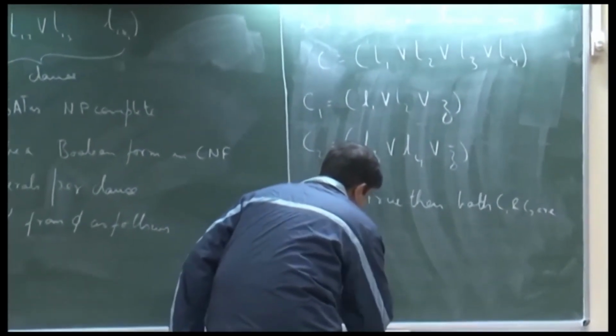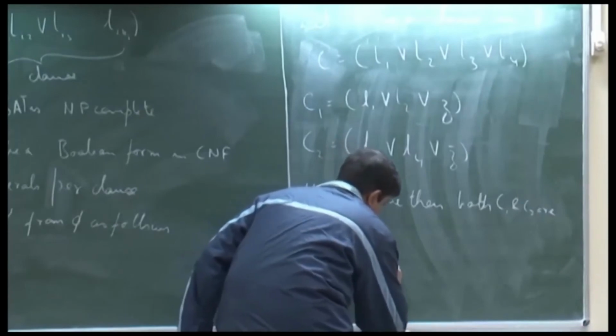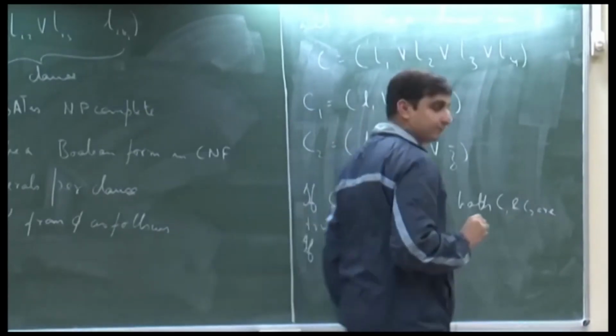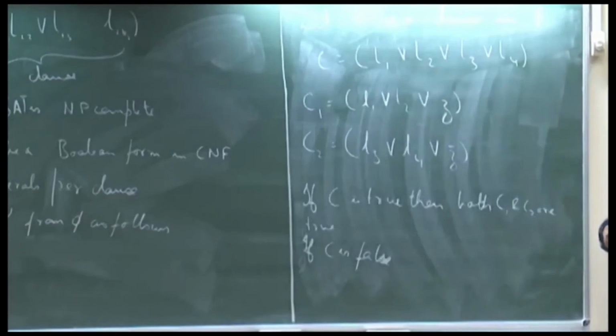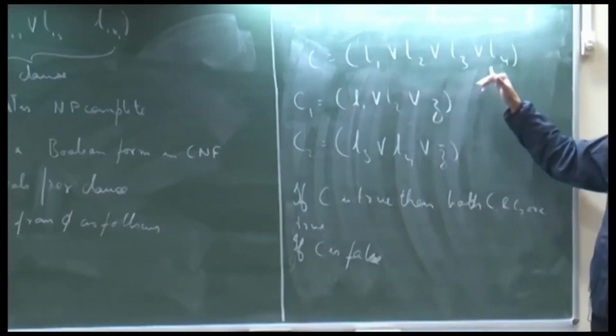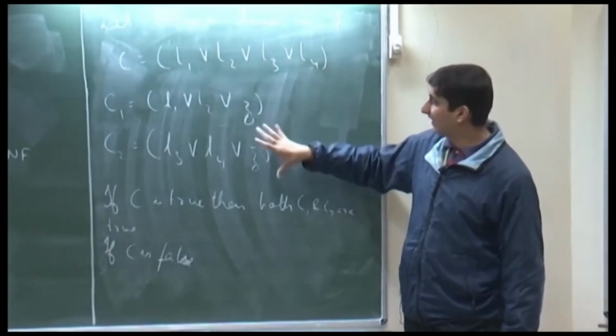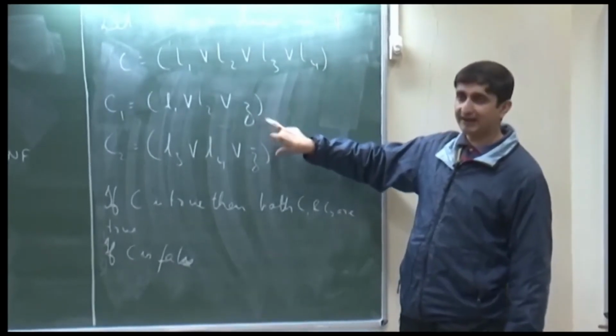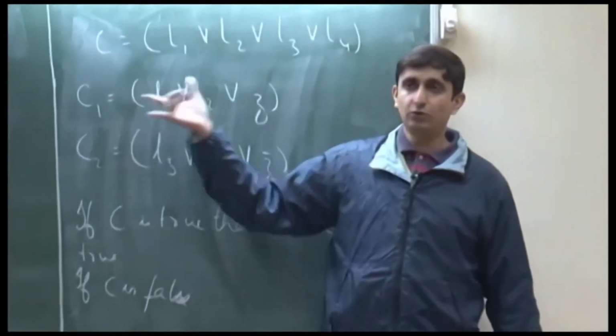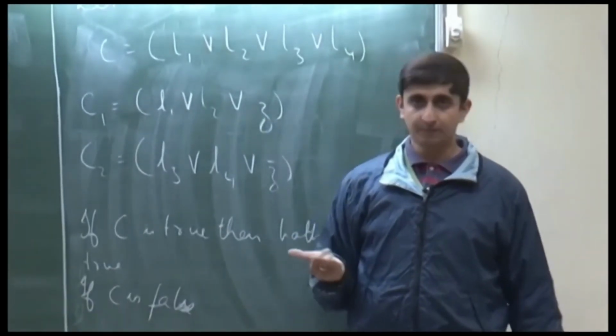If C evaluates to false, what it means is that all these 4 literals evaluate to false. It means that no matter what value we give to Z, at least one of C1 and C2 has to be false.